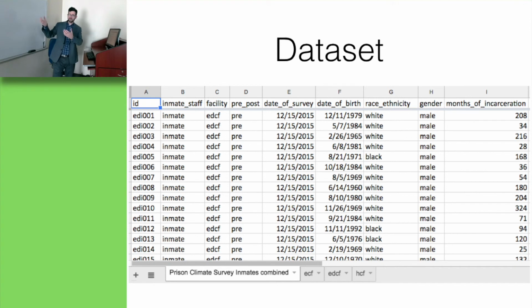And as we can see, it takes all that information and it organizes it into a logical form. So again, every row is a person, every column is something measured about them. If you want to find a person, you'd go down the first column. In this case, it's called ID. You'd find the ID number you want, and then you can go across the columns to find information about that person.